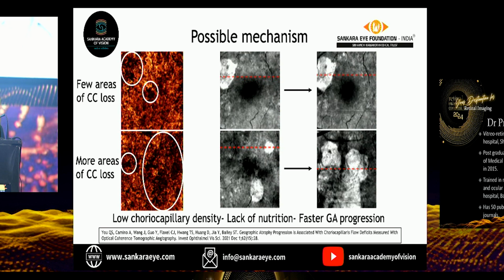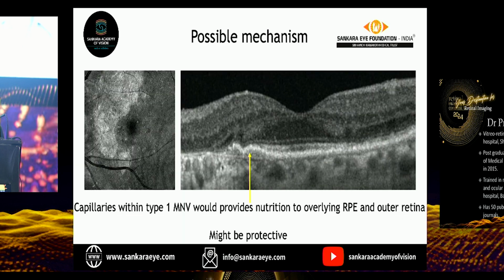We also understand that the choriocapillary loss precedes the development of geographic atrophy. So, in an eye with coexistent geographic atrophy and MNV, the capillaries within the MNV would provide nutrition to the overlying RPE and outer retina so that it can protect that area from progressing into geographic atrophy.